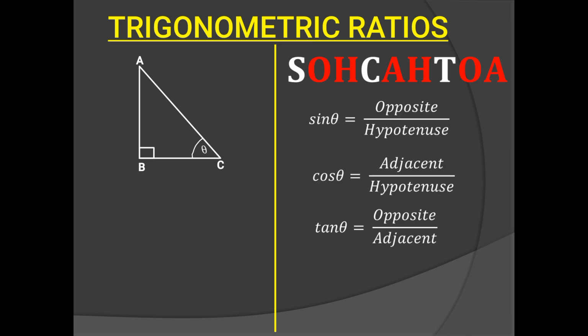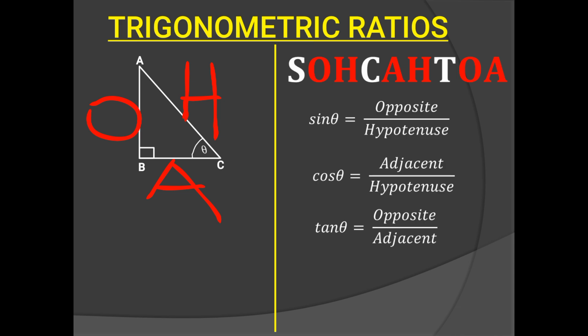So if line AB is our opposite, because that is the one facing the angle theta, and we already know AC is the hypotenuse, then obviously the remaining one is our adjacent. The adjacent is the one the angle is sitting on.